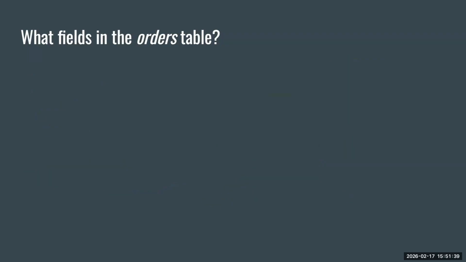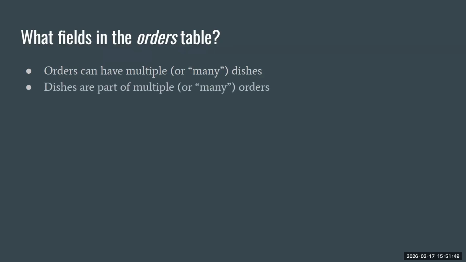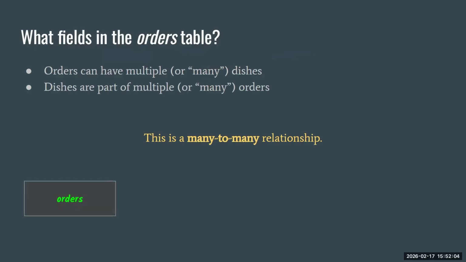Well, our business requirement says orders can have multiple or many dishes. Dishes can be part of many orders. So we have a many to many relationship here. Now, how do we model that? So we have orders over here on one side, dishes on the other.